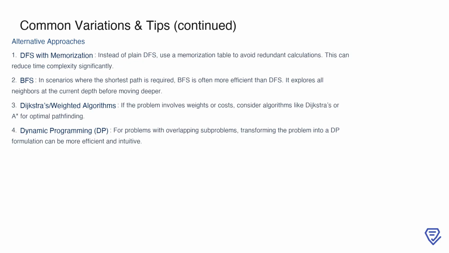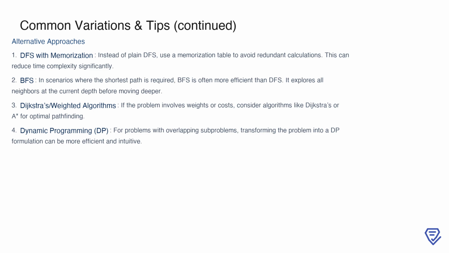There are also alternative approaches that can improve your solution depending on the specific requirements of the problem. For instance, using DFS with memoization is a great way to avoid redundant calculations. By storing intermediate results in a table, you can significantly reduce the time complexity of your solution. BFS is another powerful approach, especially when you need to find the shortest path.